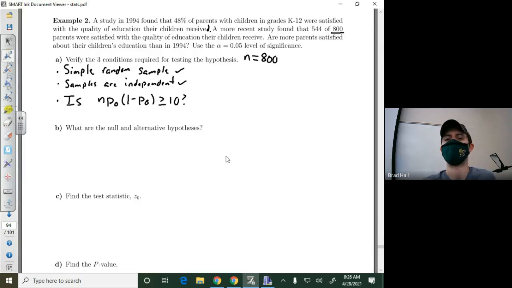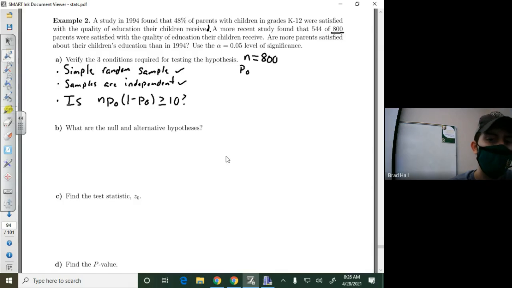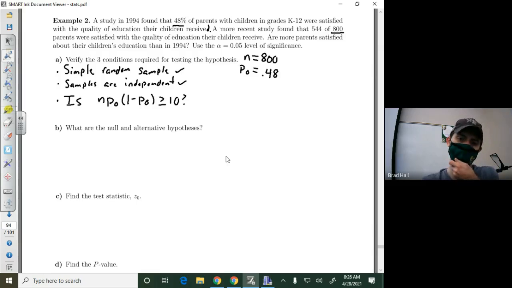That's the total number of people interviewed. p0 is the quantity that will end up being used in the null and alternative hypotheses. It's the assumed proportion. It seems like it's assumed that the proportion is 48%, or in other words, 0.48. They told us it was 48%.